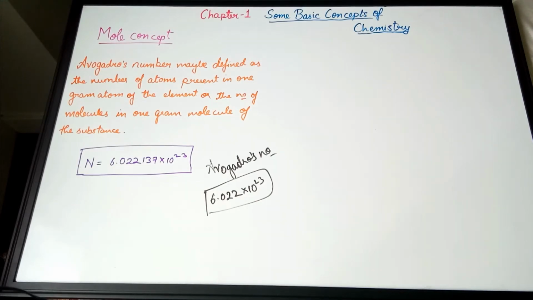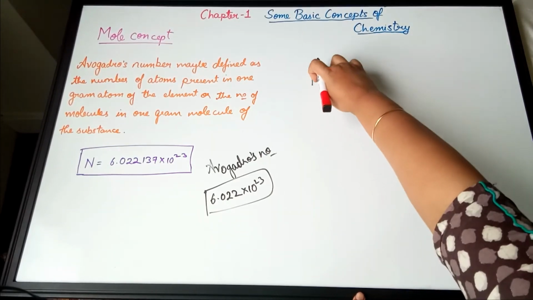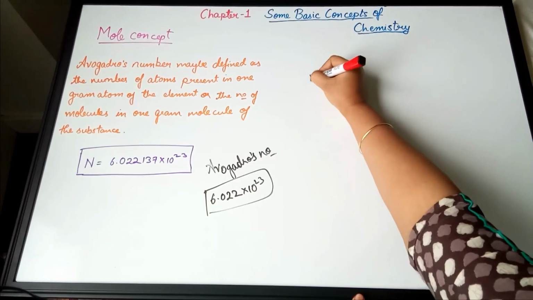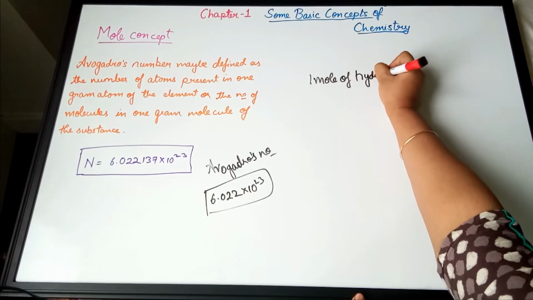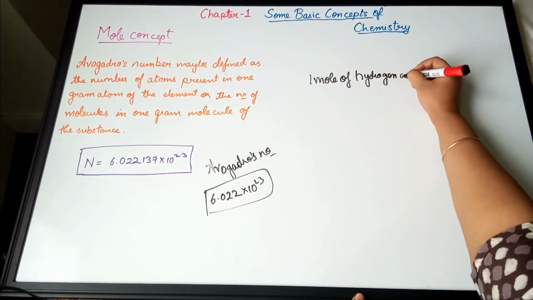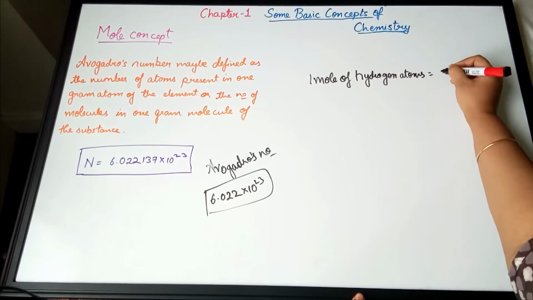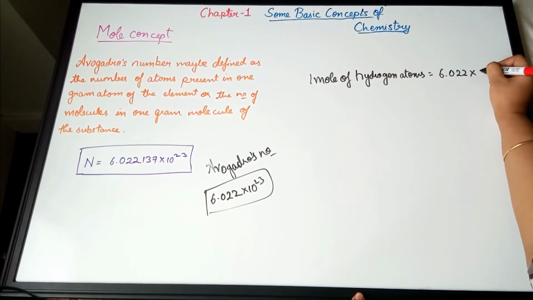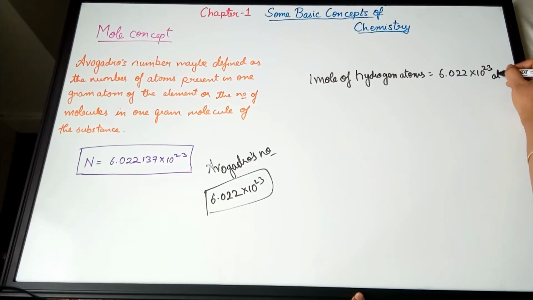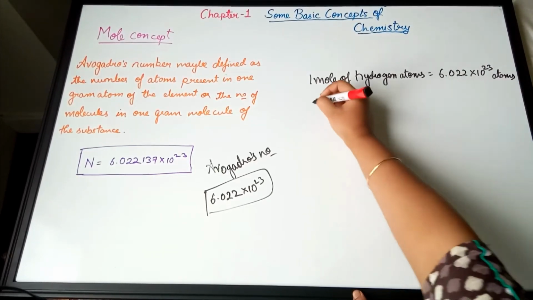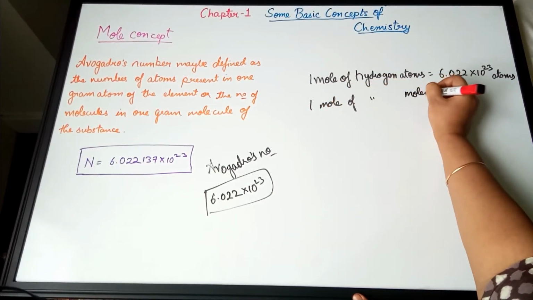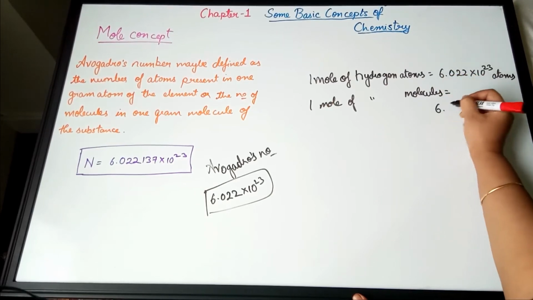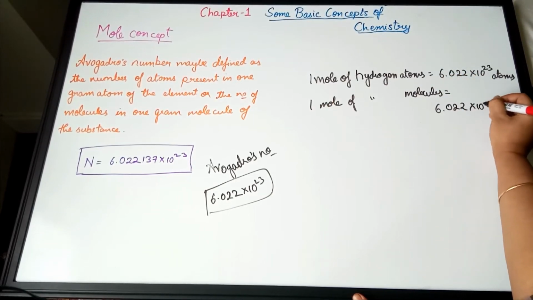So when we talk about hydrogen and we talk about atoms of hydrogen, 1 mole of hydrogen atoms will have 6.022 into 10 to the power 23 atoms of hydrogen, and 1 mole of hydrogen molecules will have 6.022 into 10 to the power 23 molecules.